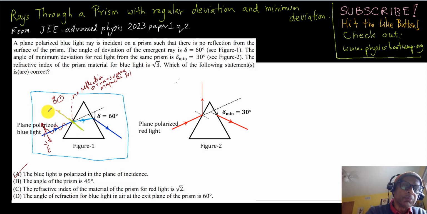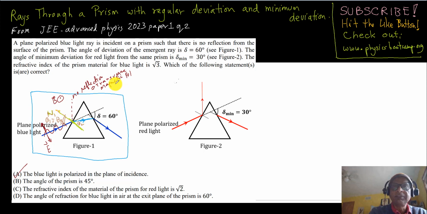So this is the normal, in a really dark color. And this angle is the Brewster angle. So the incidence angle is the Brewster angle. I'm just going to call it angle 1. And then when it refracts over here, we're going to call that angle 2.